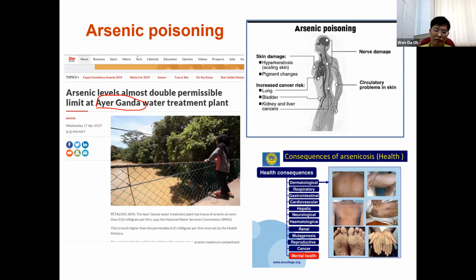So it's very problematic because of the poisoning effect, right? Arsenic can actually accumulate in your body. It can be in your hair, in your sweat, in certain tissues like bone, right? If present in excessive amounts, it can cause many kinds of damage, like skin damage, cancer, nerve damage, circulatory problems.